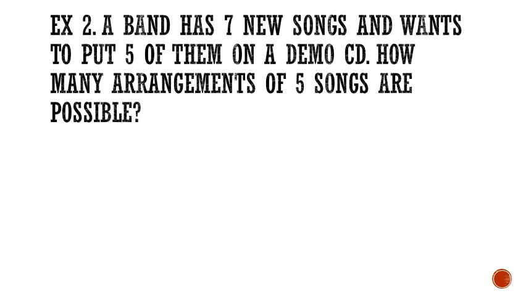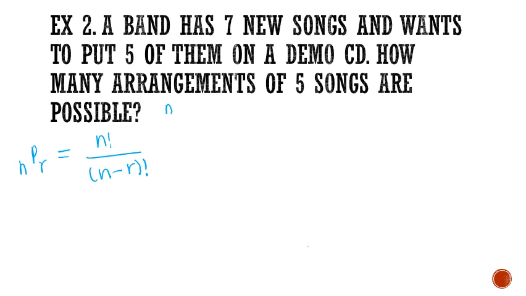So a band has 7 new songs and wants to put 5 of them on a demo CD. How many arrangements of 5 songs are possible? So we're going to go ahead and copy the formula. All right, and so n is a total number.